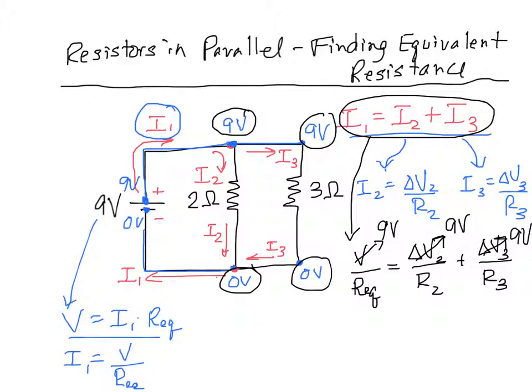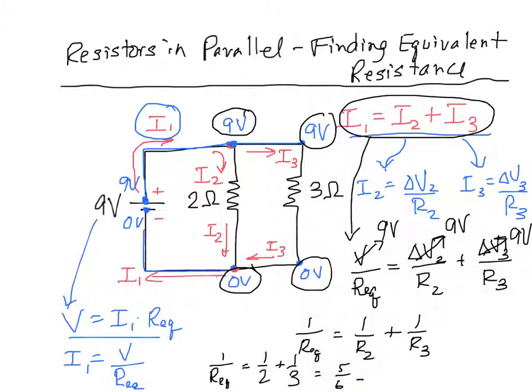I can divide both sides by 9 volts, and I just get 1 over Req equals 1 over R2 plus 1 over R3. That's an equation I can use to solve for my equivalent resistance and find out what I1 would be. So that's 1/2 plus 1/3, which is 3/6 plus 2/6, that's 5/6 of an ohm.